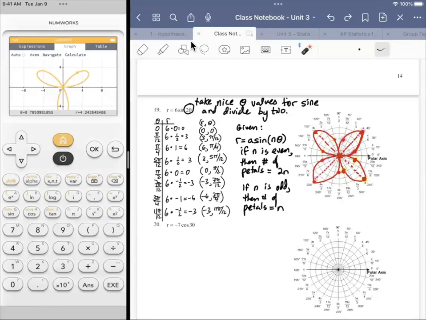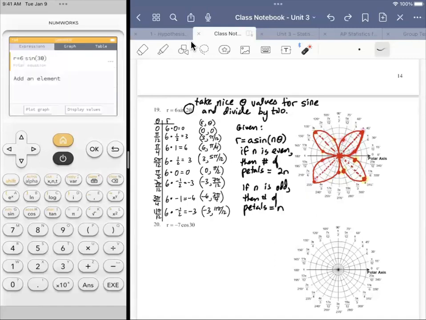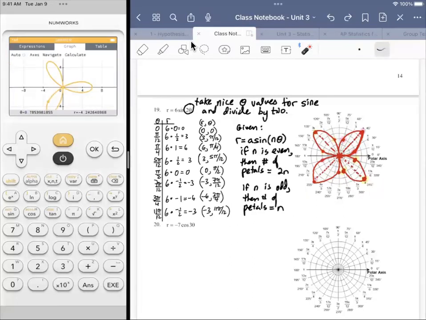The sine function for odd coefficients is going to be symmetric with the y-axis. All right. The cosine function will be symmetric with the x-axis. So you could rely on that.